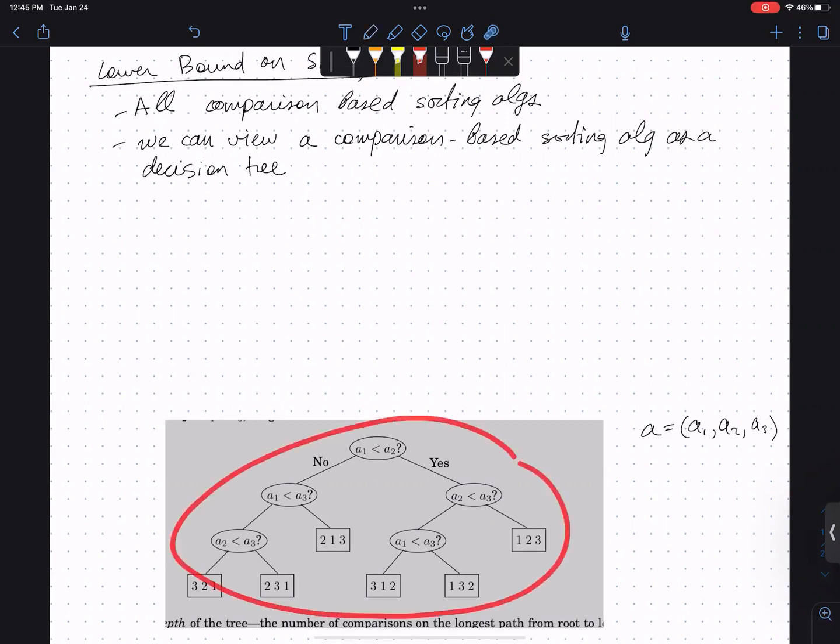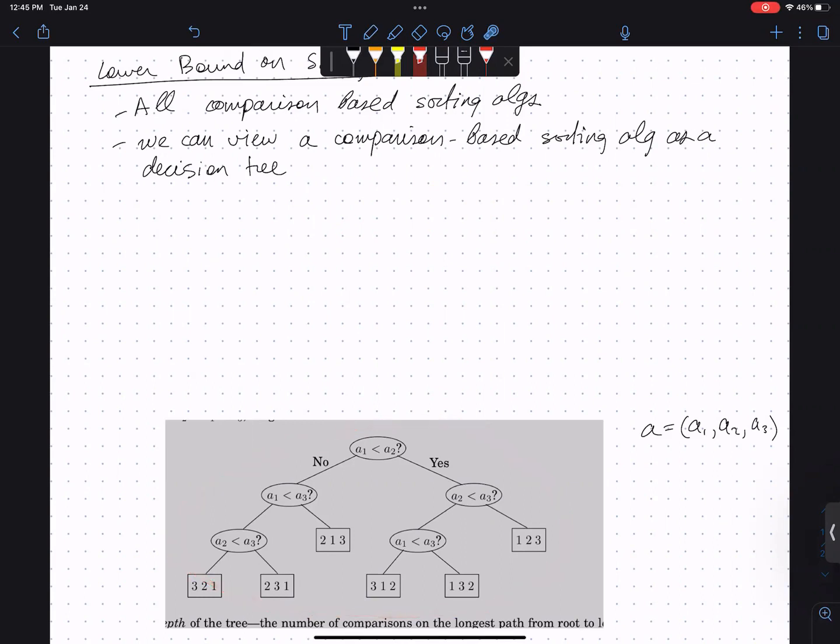What does it mean? The first comparison we do is: is A1 less than A2? If it's not, then we recurse down here. If it is, then we recurse down here. Let's say that A2 is bigger than A1, and we recurse to the right.